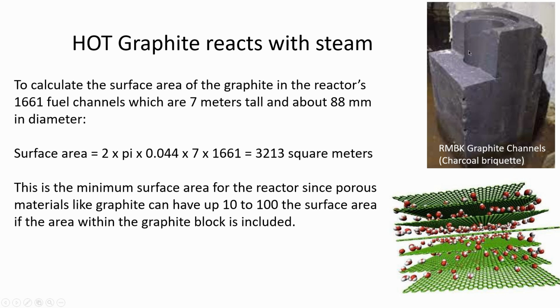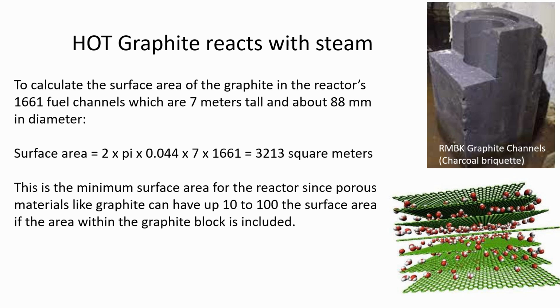R is half the diameter, or 0.044 meters. The perimeter times the length of 7 meters gives the surface area for a single fuel channel. And now there are 1,661 fuel channels, so multiply that out for about 3,200 square meters of surface area, excluding control rod channels.